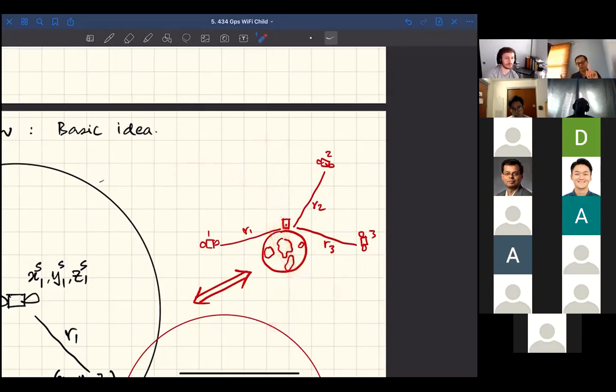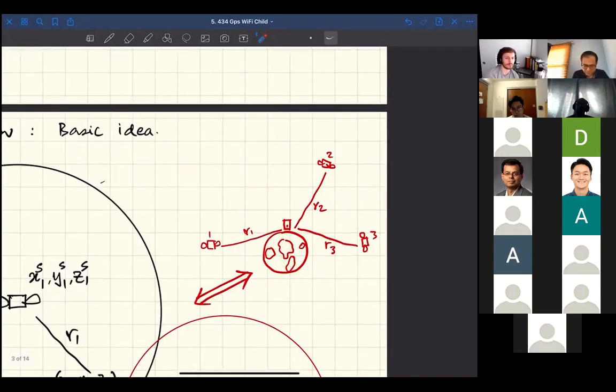No, okay. Actually, sorry. I have to be careful. Let me draw this with blue. Let's say this blue circle is for satellite 3, and let's say the satellite 3 is at the center of this blue circle.